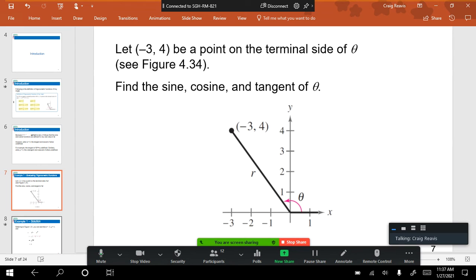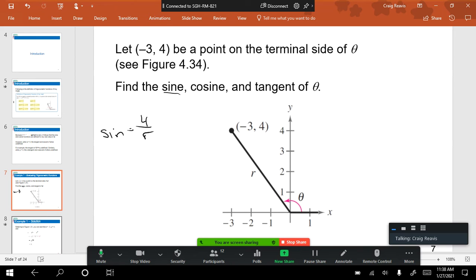In that, because that point is at negative 3, 4, all right, and we don't know what r is, we know the sine comes from the y, and because we don't have a unit circle, that r is a radius of length other than 1, we know that the sine is going to be equal to 4 over whatever that radius length is.